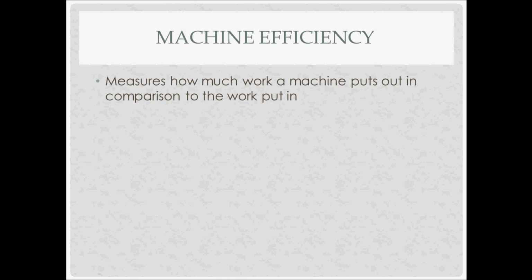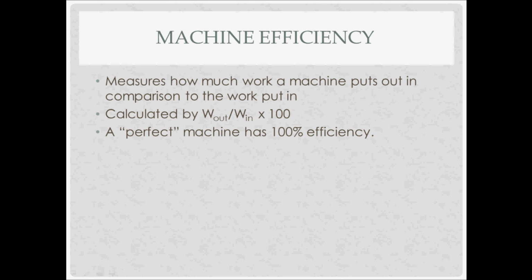So, machine efficiency. This measures how much work a machine puts out in comparison to the work that was put in. You calculate that by taking the work out, dividing it by the work in, and multiplying by 100. So you're finding a percentage. A perfect machine has 100% efficiency, which means the work that you put into it, the machine will put back out.